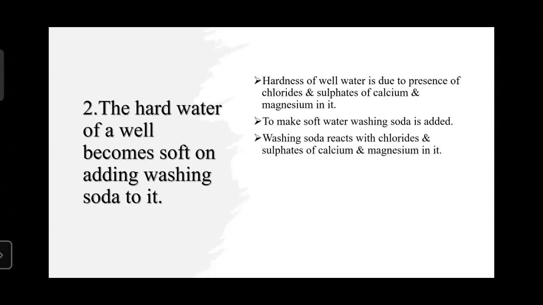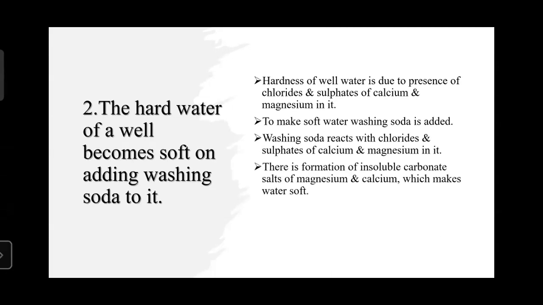Washing soda reacts with chlorides and sulfates of calcium and magnesium. There is a formation of insoluble carbonate salt of magnesium and calcium, which makes that water soft. Chemical reaction: MgCl2 plus Na2CO3 gives MgCO3 plus 2NaCl.